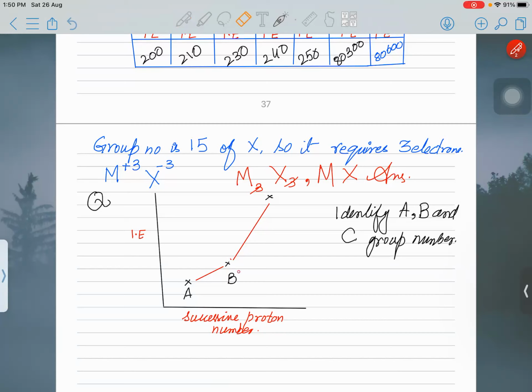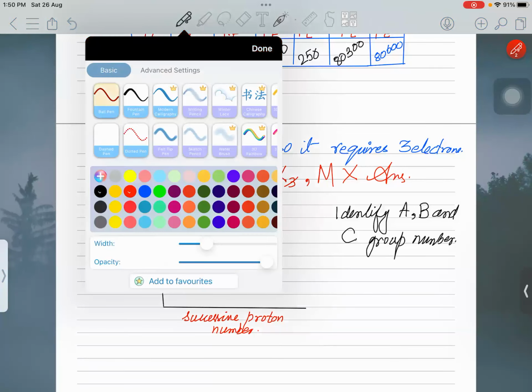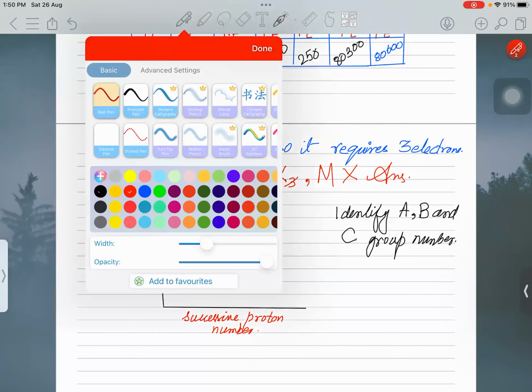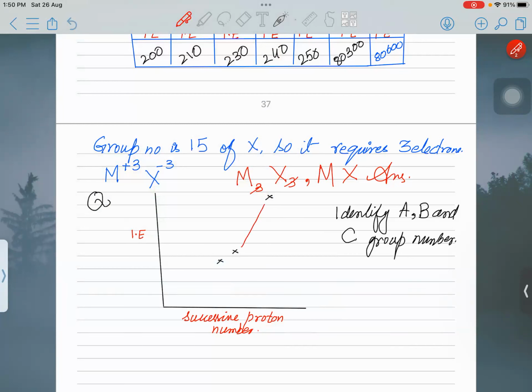A few points are missing. So we know that there's one massive leap. Before the big jump, a few electrons are missing. After the big jump, a few electrons are missing.